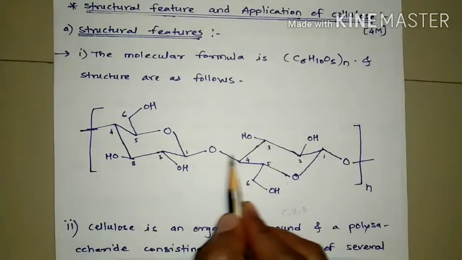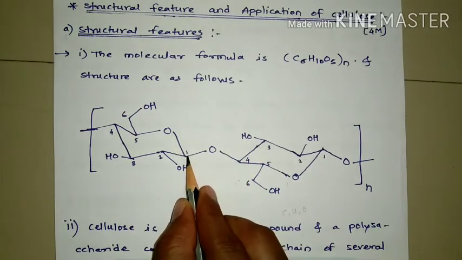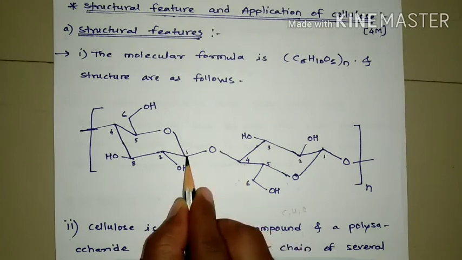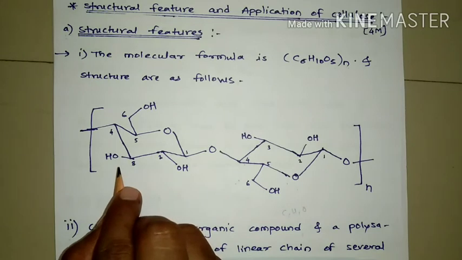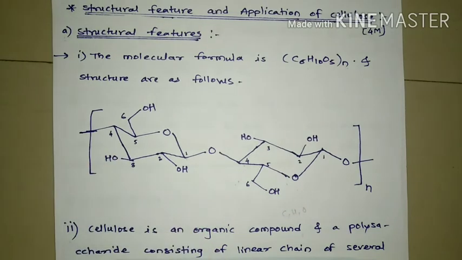This is a 1,4 link. As we know, it is a glycosidic linkage and it is formed between beta D-glucopyranose units at position 4. Okay, and how do we identify it is 1 and 4?